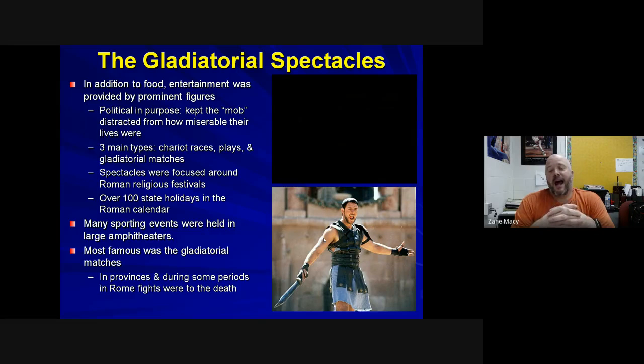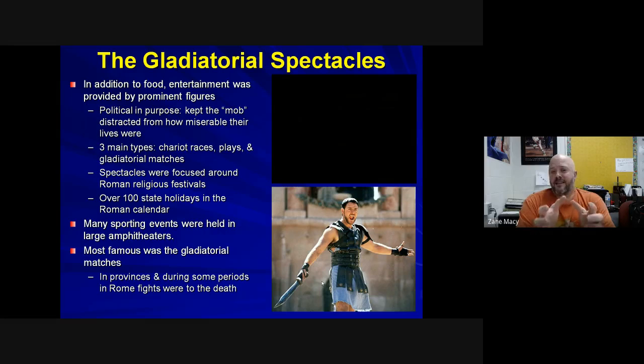The best thing that I can compare Roman gladiator matches to, we might want to think that, especially if you watch the movie Gladiator with Russell Crowe, I got a picture down here, you might want to think that gladiator matches were fights to the death, and at times they were, but it was very small windows of time.